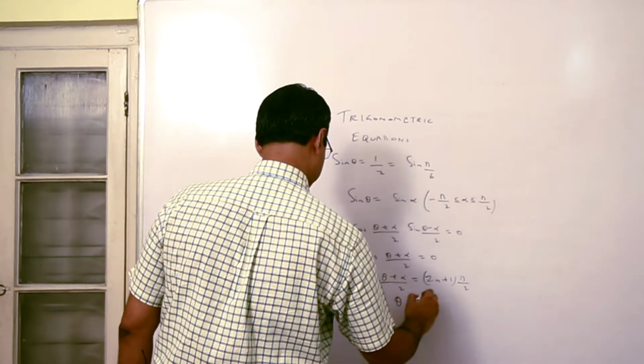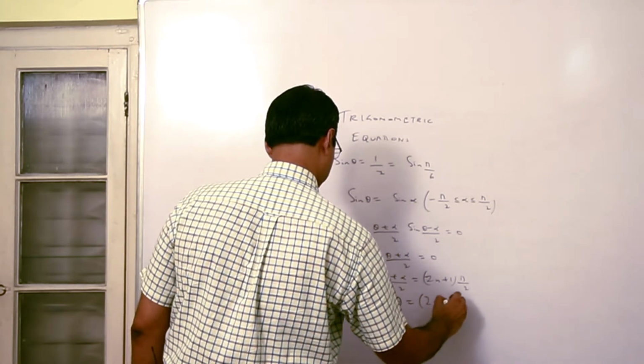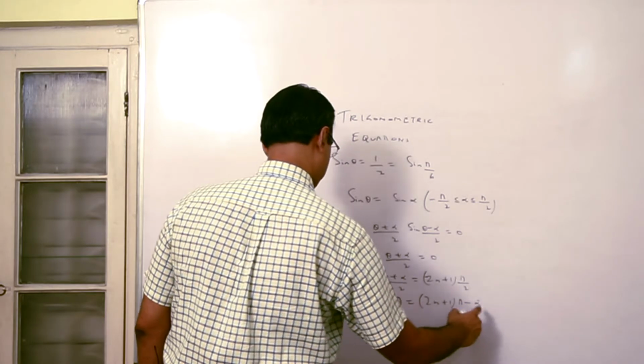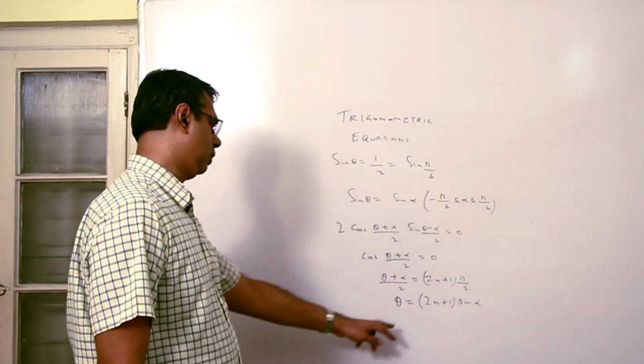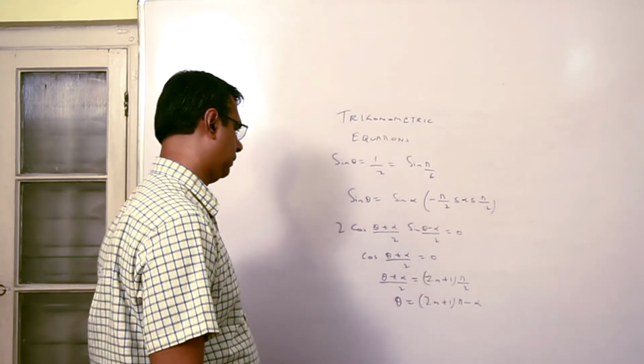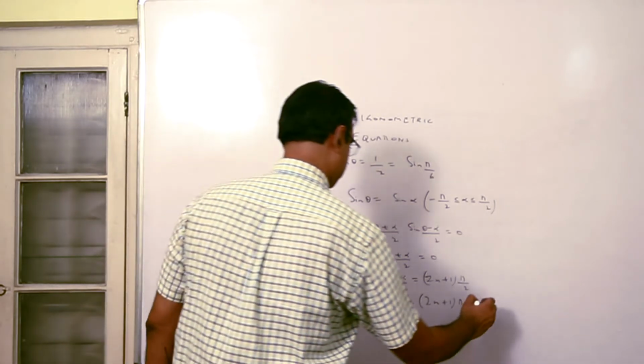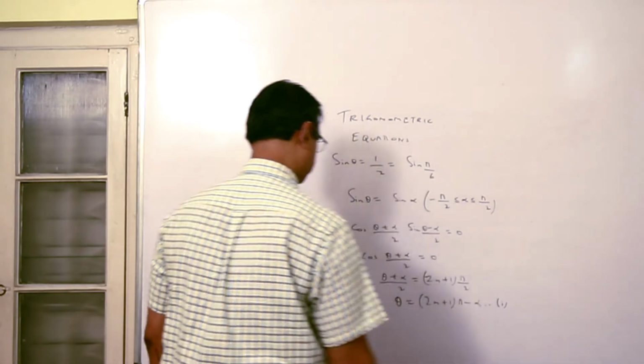So this gives theta equal to (2n plus 1) into pi minus alpha. So let us call this number 1.